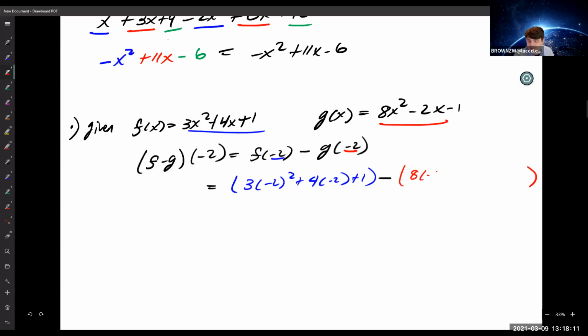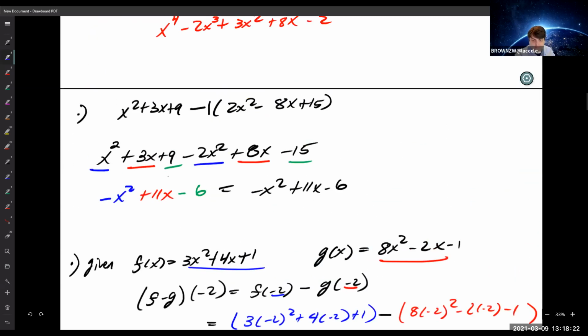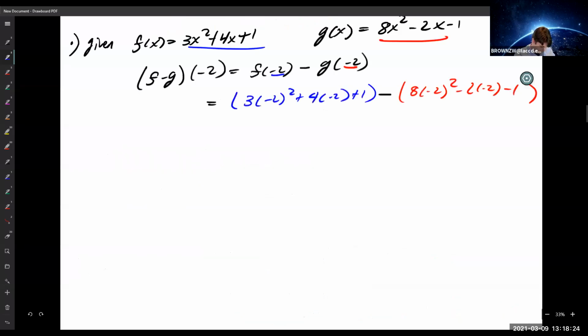So that's going to give me 8 times negative 2 squared minus 2 times negative 2 minus 1.